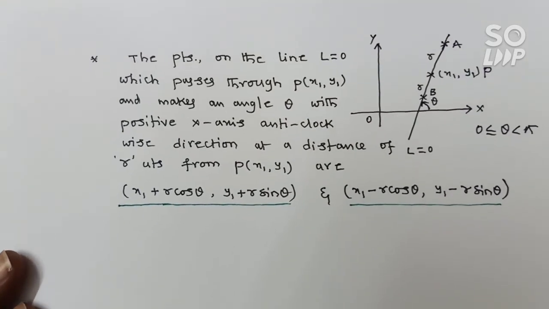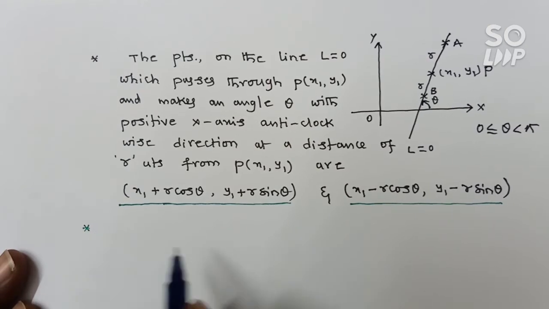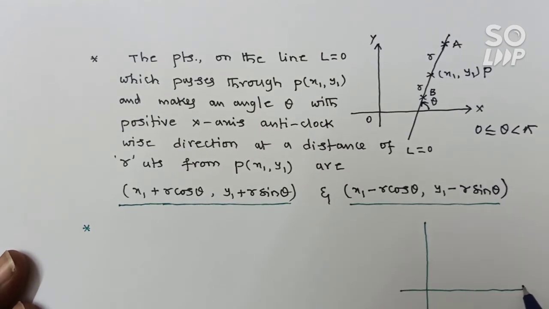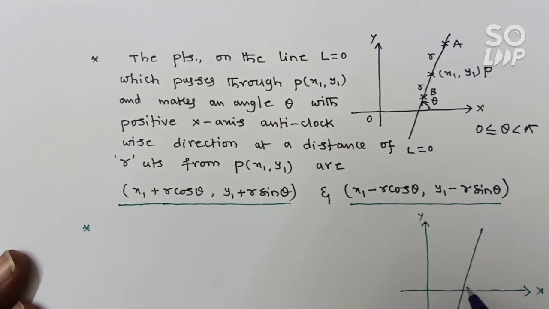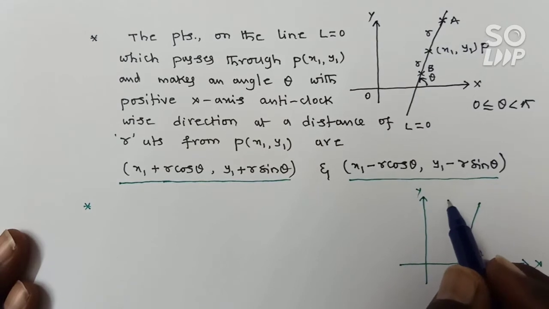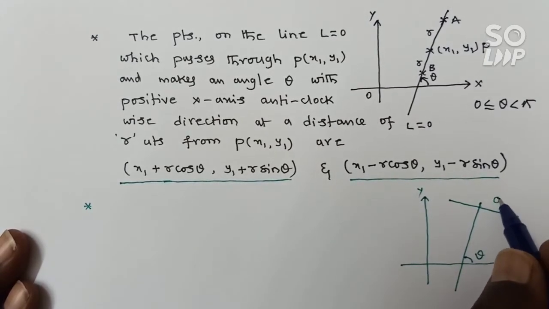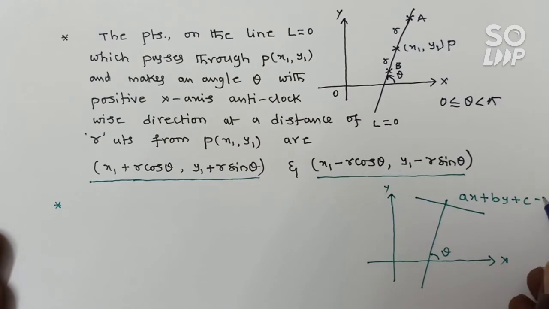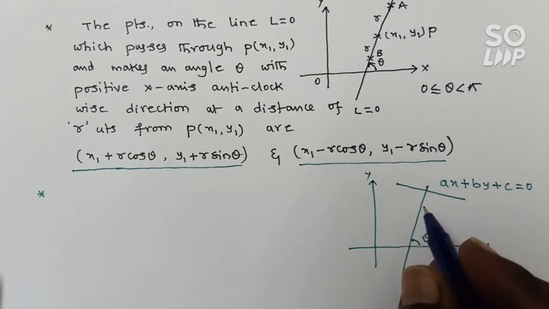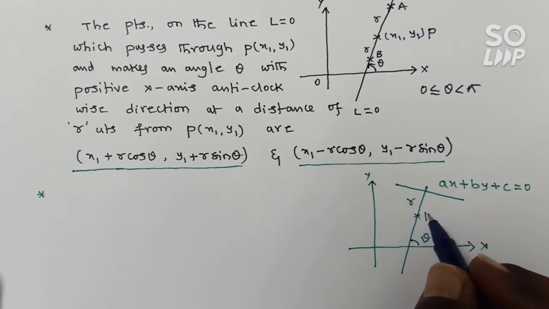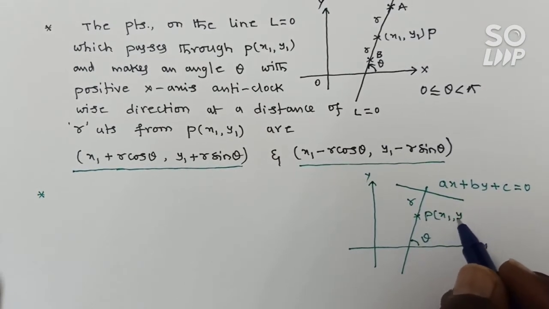And the next thing is, suppose a line L makes an angle theta and cuts another line ax plus by plus c equals 0 at a distance of r units from P equals x1 comma y1.